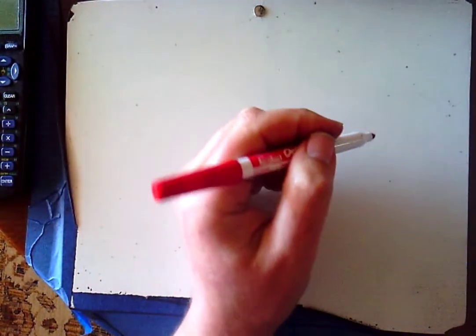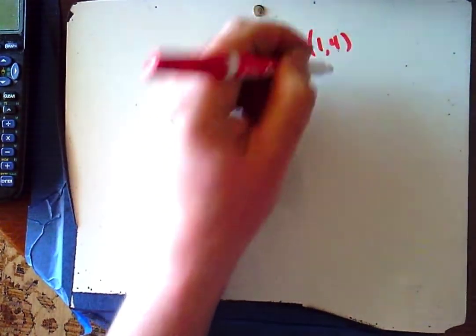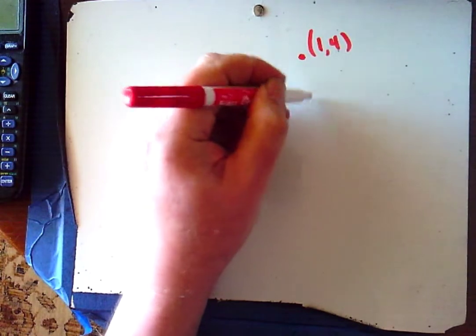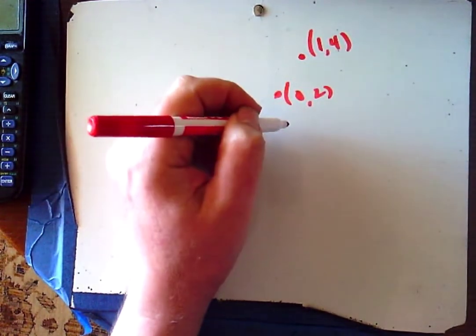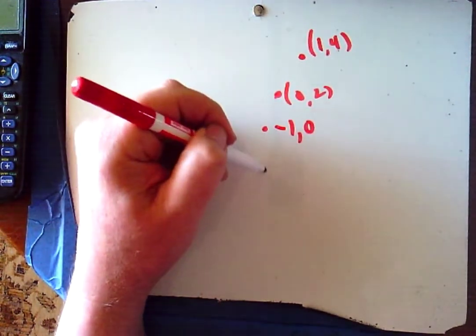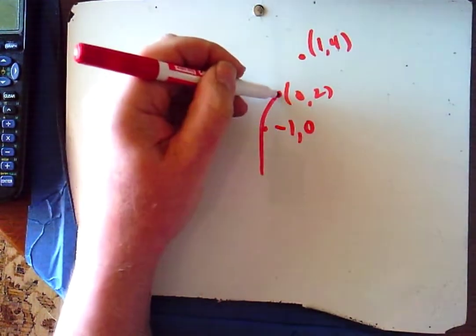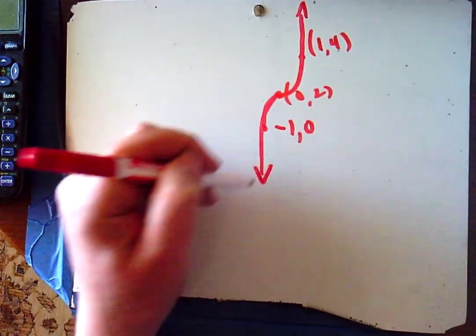So let's try a couple more. How about this one? I've got the point (1, 4). I have the point (0, 2). And I have the point (negative 1, 0). And my graph looks like this.